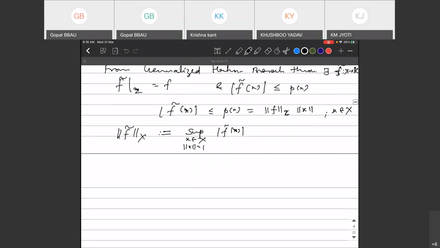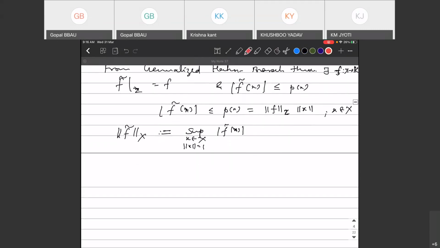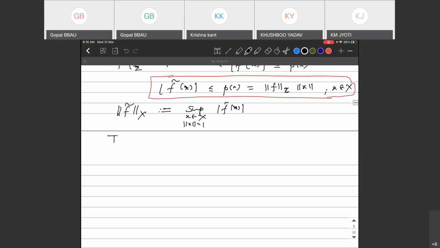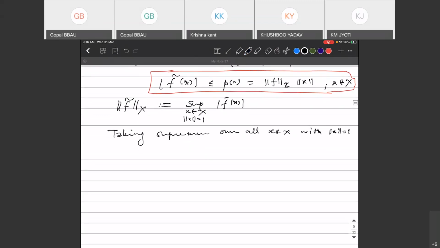So take the supremum in this inequality, the supremum over all x in X with norm x equal to 1.